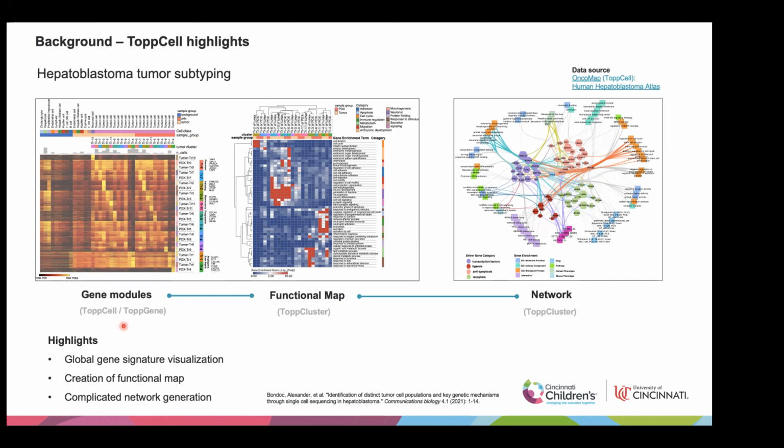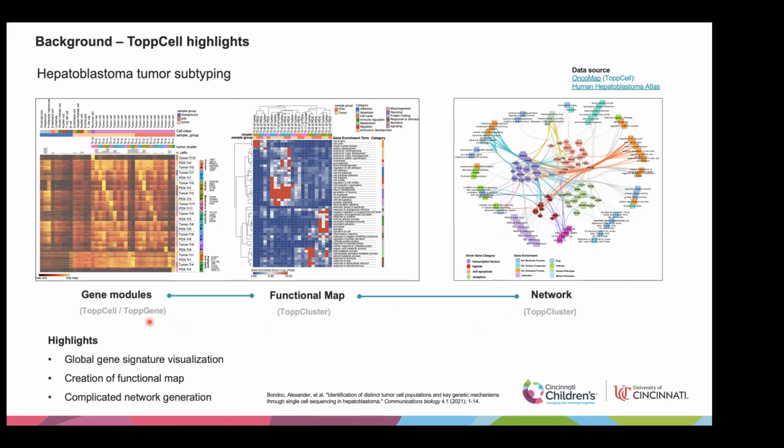And with that, we can do it in both ToppCell and ToppGene. ToppGene can be used for gene enrichment analysis. And when we combine all those gene signatures from different clusters, we can put them into ToppCluster for building a functional map, and then further making a more complicated network to extract the functional associations of tumor-related biology and their association with our genes derived from the tumor cluster signatures on ToppCell.